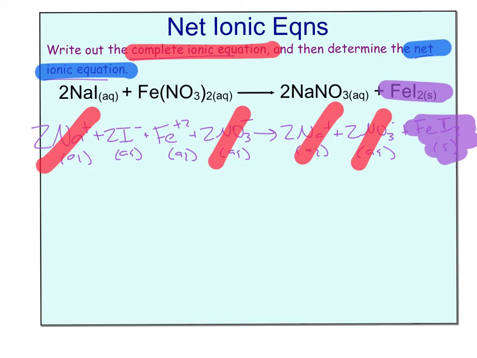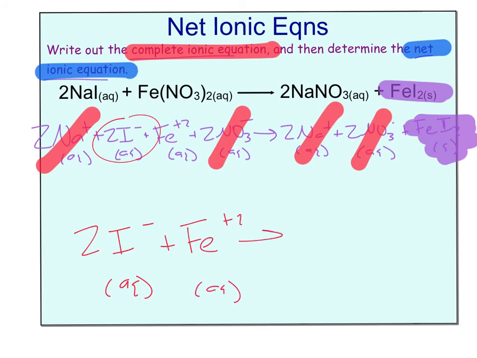So what's left over? I have 2 I- aqueous with the -1 charge. I have an iron ion, Fe2+, that is aqueous. Got the arrow. And then I have my iron, oops, just kidding, go away, erase.